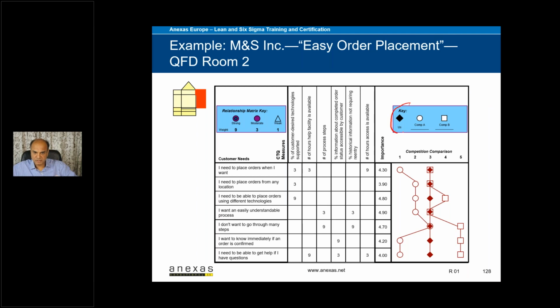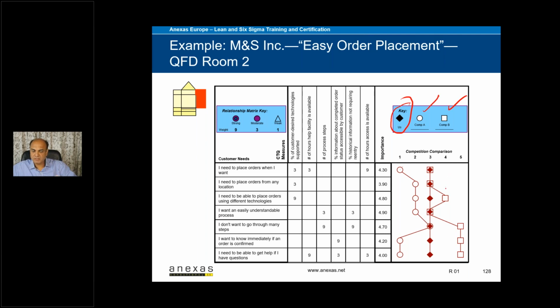This is our organization, this is competitor A, competitor B. In terms of the first need, we are at 3, and the 2 competitors are, one at 1 and another at 3. So you can have a quick look, and competitor A is most of the time lower than us.